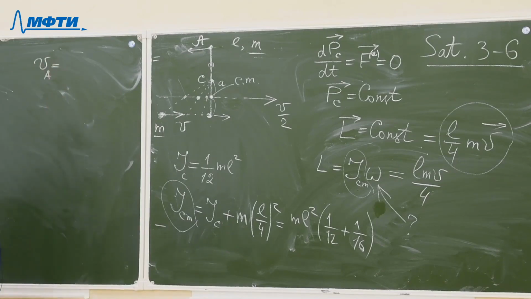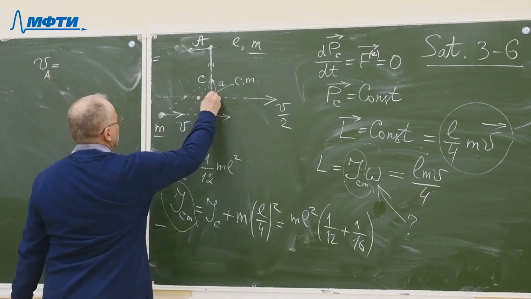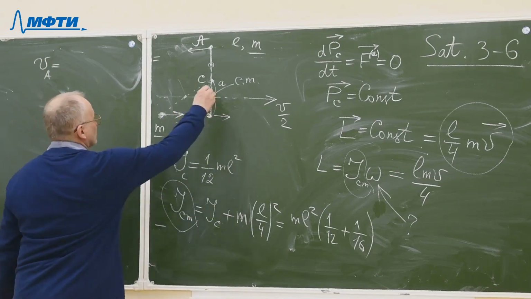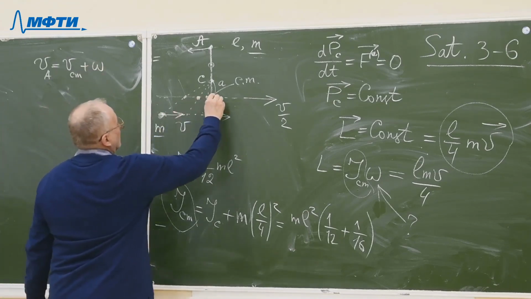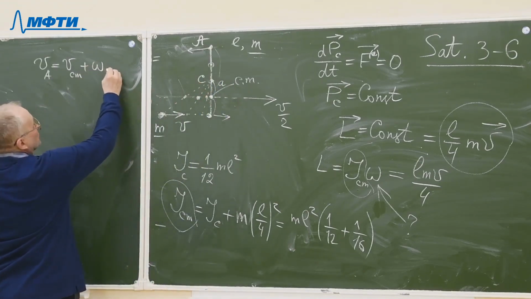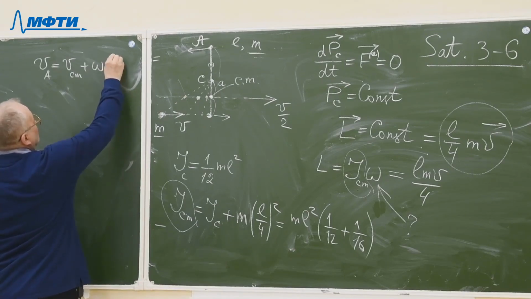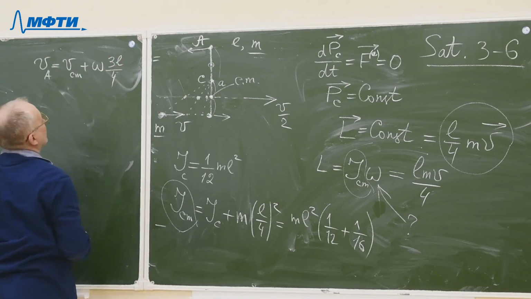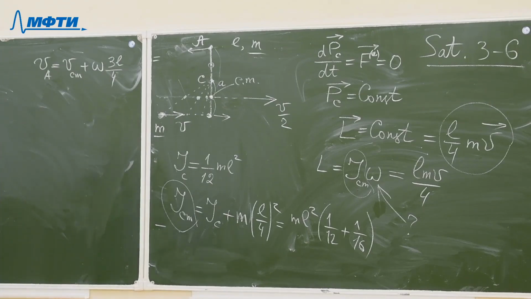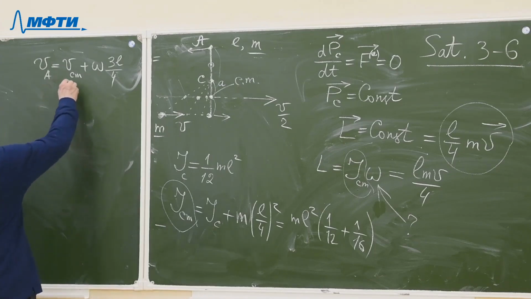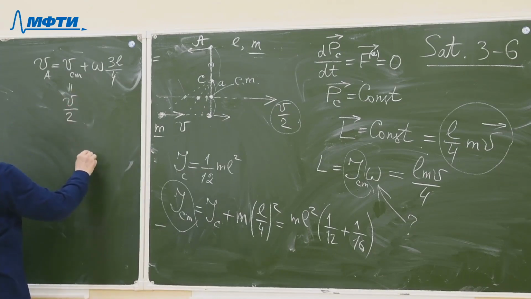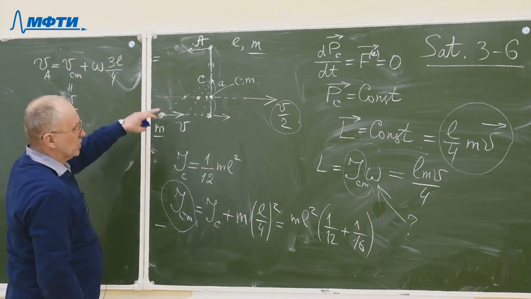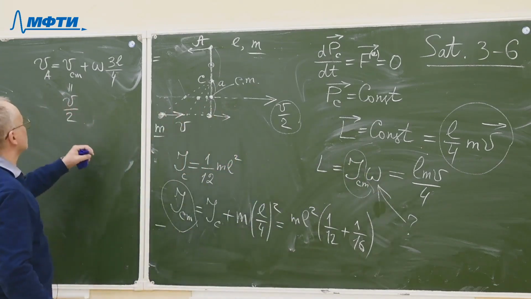That will be the velocity just after the impact of the center of mass plus omega times the distance to point A, which is 3L over 4. That's it. We can find it. We can substitute the velocity of the center of mass, v over 2.